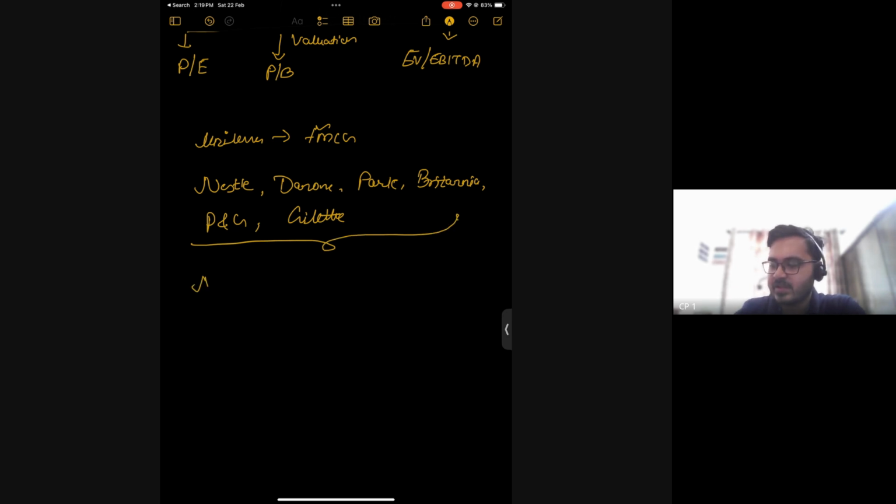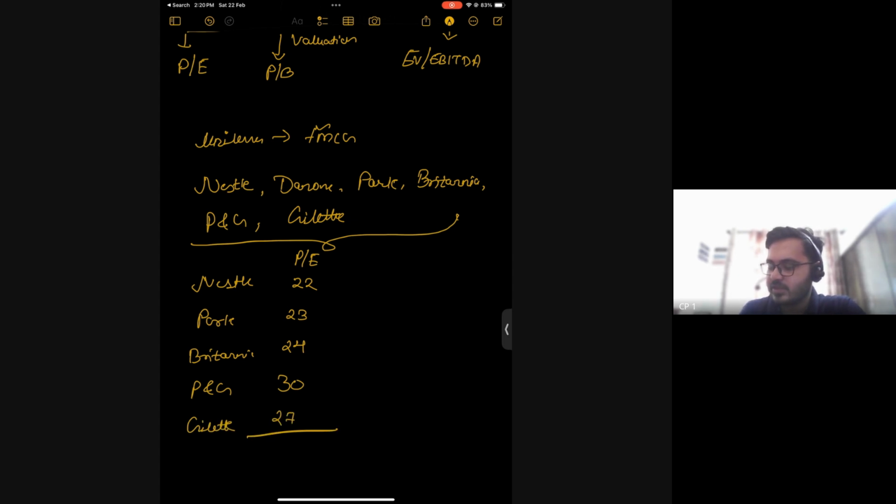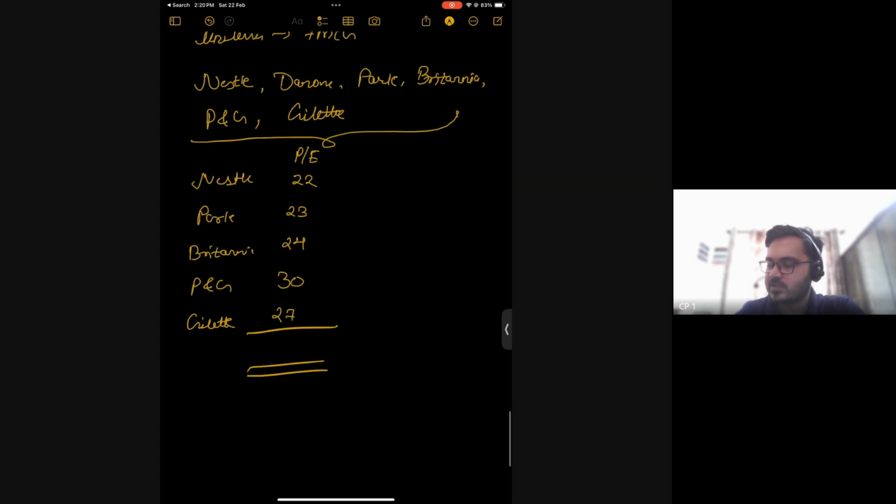Let's say Nestle's price to earnings is 22x. Parle is at 23. Britannia is at 24. P&G is at 30. And Gillette is at 25. Here you will try to come up with the mean or average, or the median multiple for these companies.